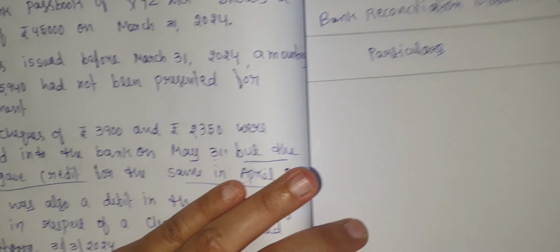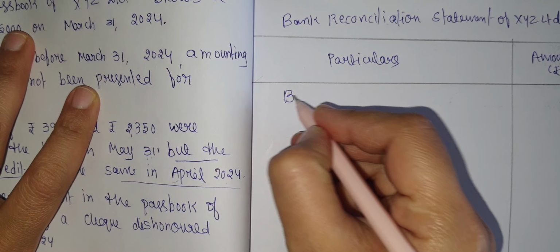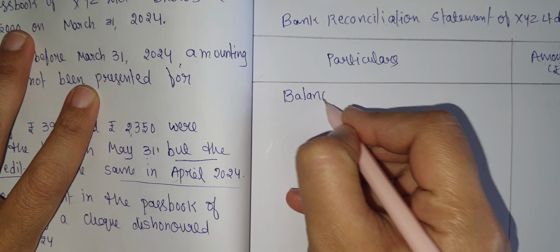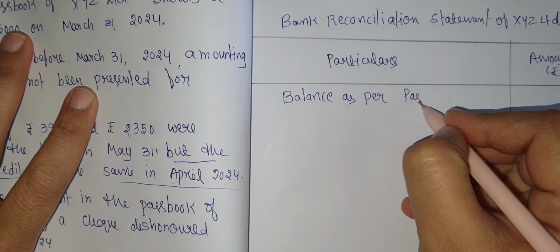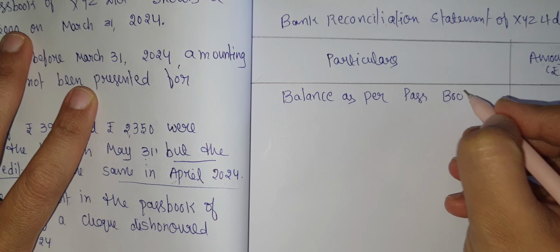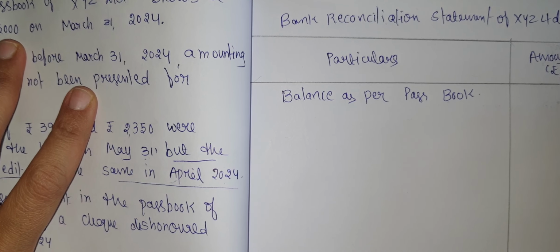See the first transaction, that is balance as per the passbook, that is rupees 45,000. Write it down in the outer column.